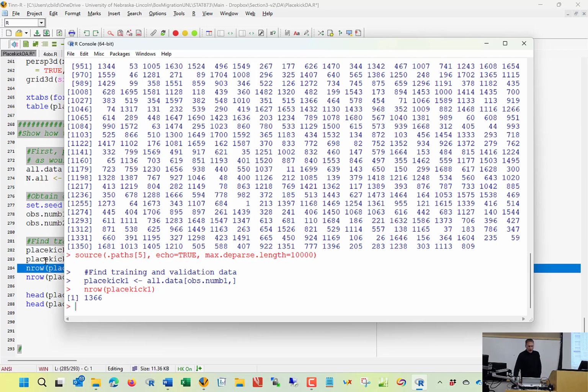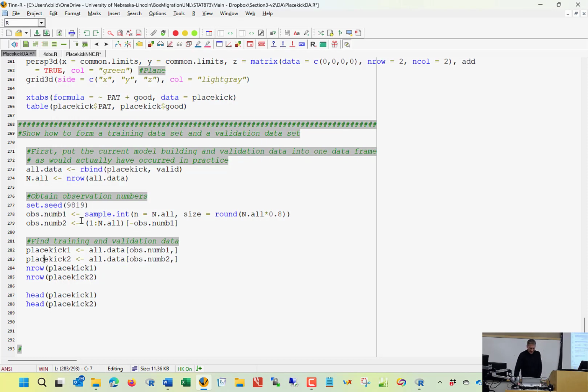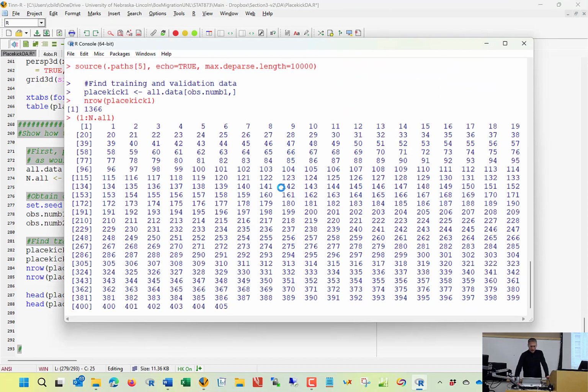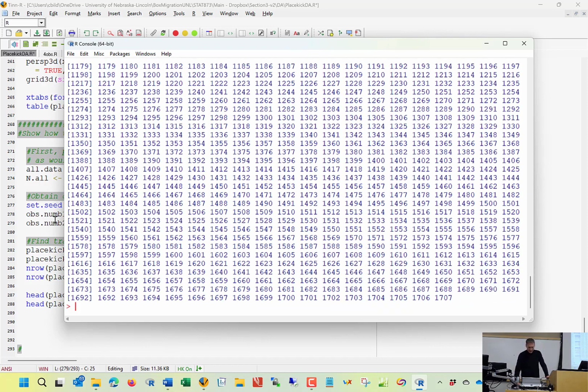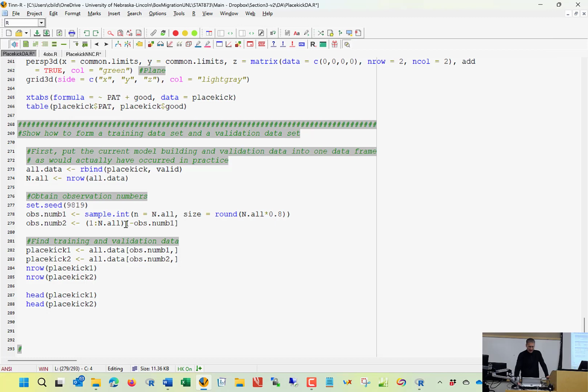Now how do I form my validation data? This is how I did it. Notice if I say 1 colon n.all, I'm going to get all integers between 1 and 1707. Basically, this is a vector. And I can say, okay, I do not want those numbers corresponding to which observations I'm putting into my training data set.